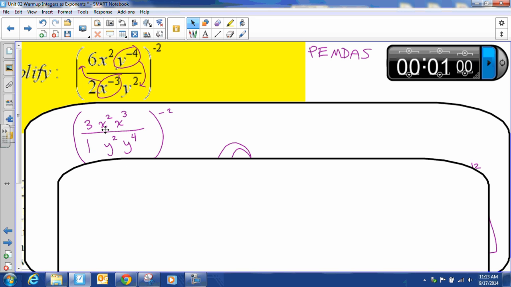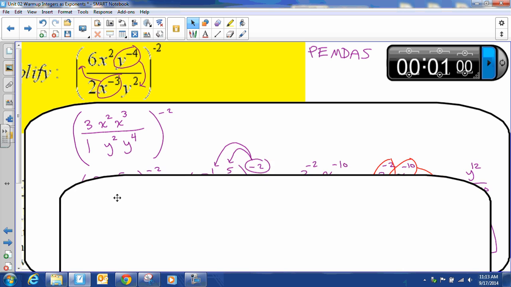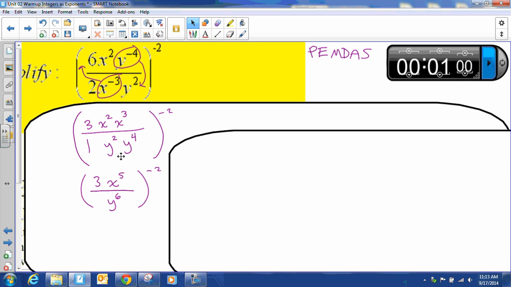Now let's go ahead and consolidate. X squared times x cubed is really just x to the fifth, and y squared times y to the fourth is really y to the sixth. And now we have the inside of the parentheses as simplified as we can.